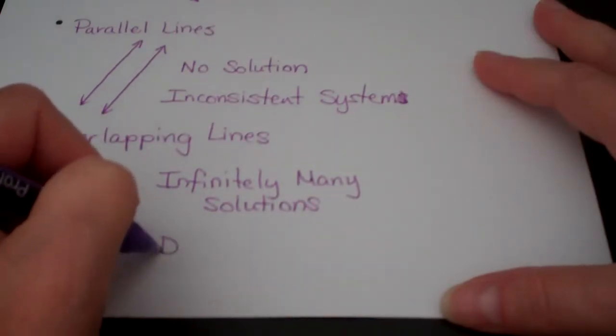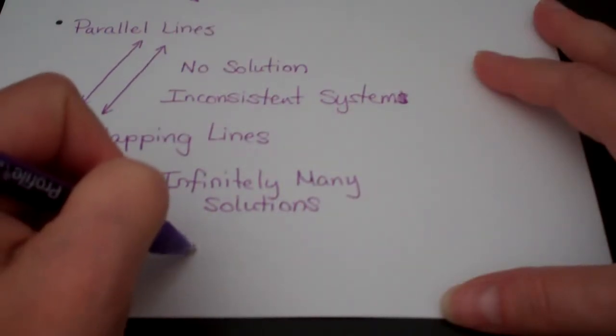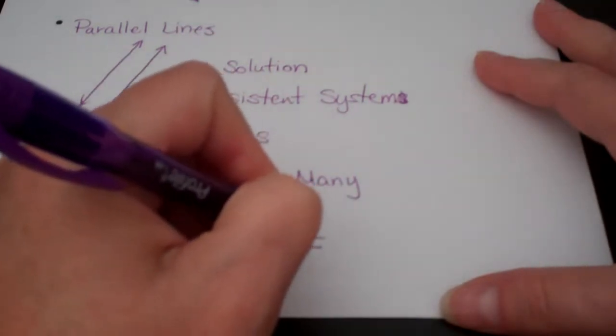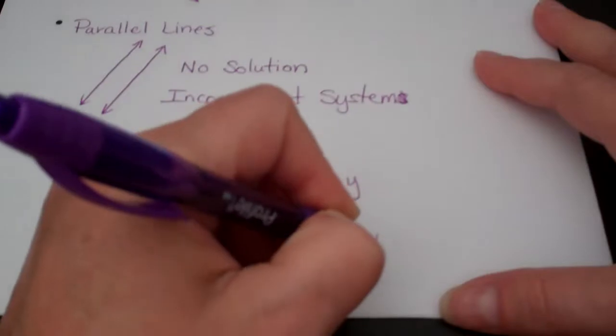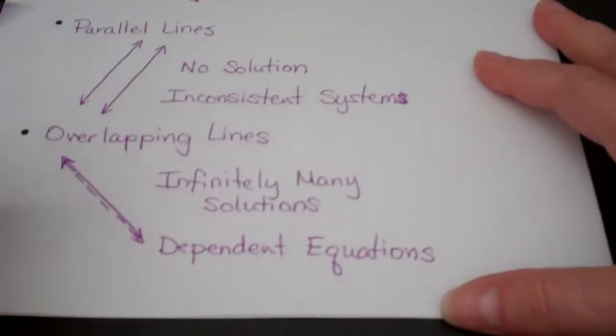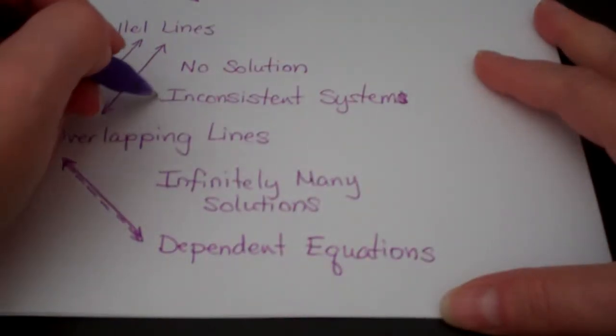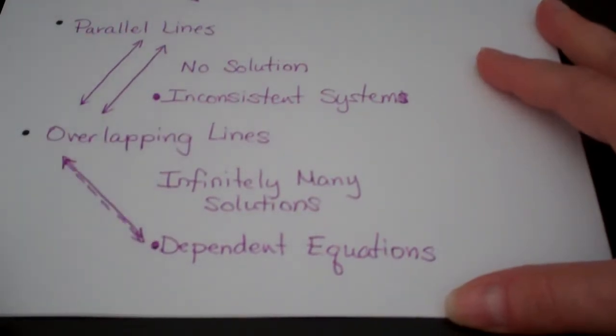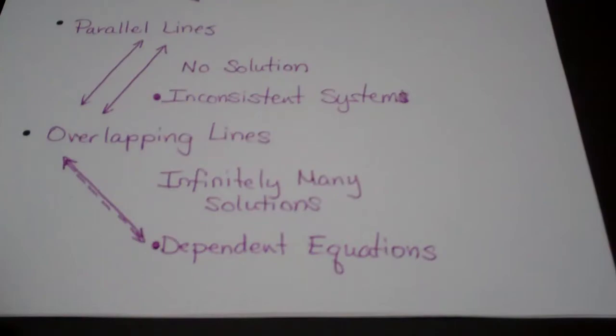So we would say that for the overlapping lines, we have dependent equations. So you may see the words inconsistent or the word dependent as you're working problems either online or in the textbook, and that's what those words are referring to.